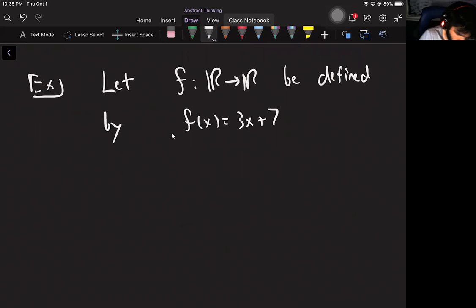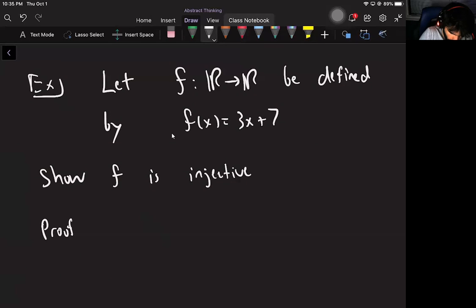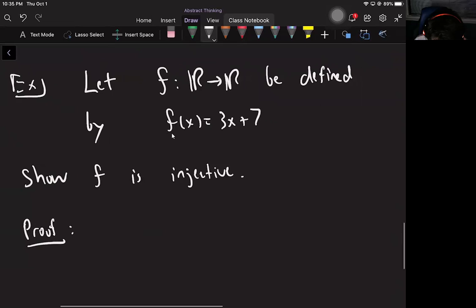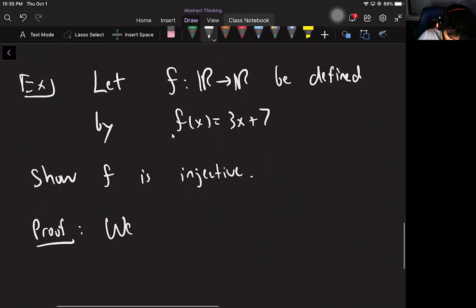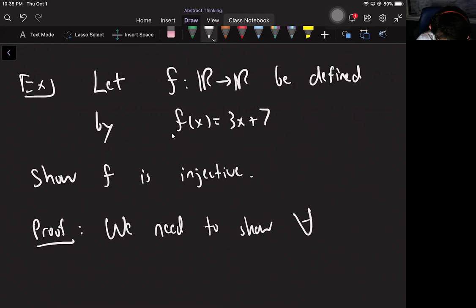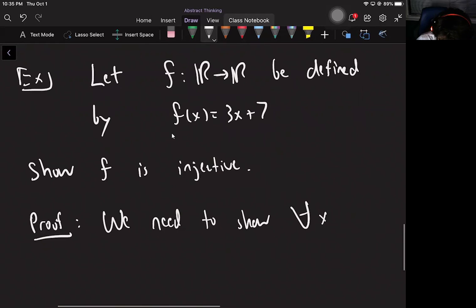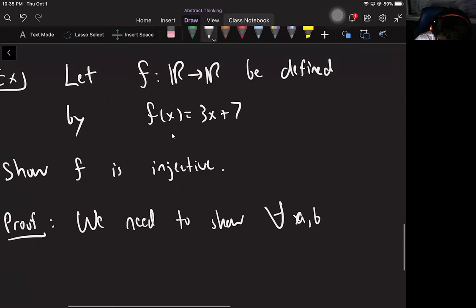Okay, so how do I show that f is injective? I'm just going to show a definition. That's how proofs work. I'm just showing a definition is true. So what do we need to show this is injective? We need to show that no matter what two inputs I start with, and you could use whatever letters you want, so this time I'll use A and B. So no matter what two inputs you start with, aka things in the domain.